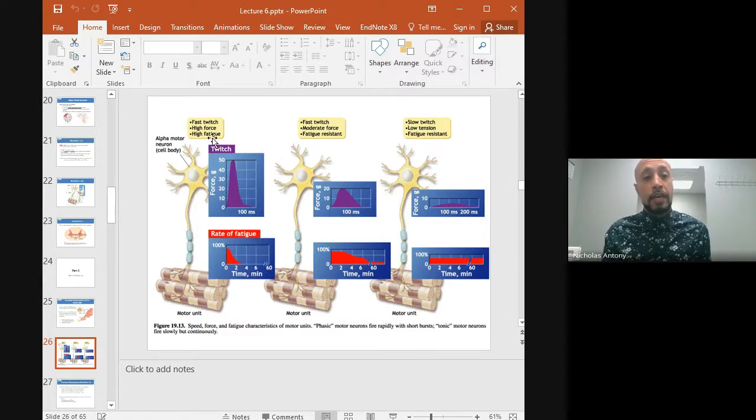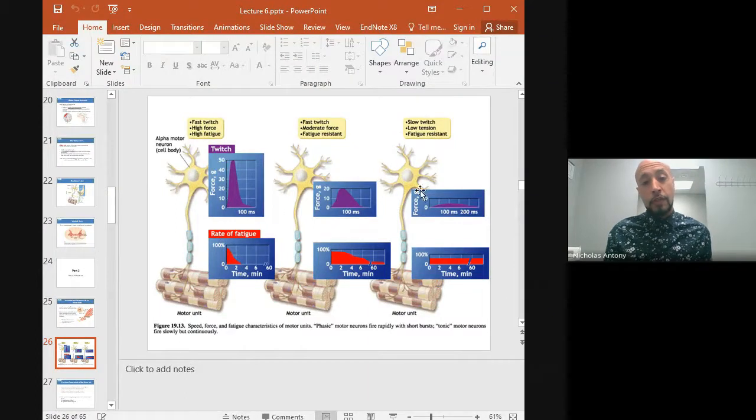Here we have one muscle fiber. It's fast twitch. It has high force, so per twitch it's able to generate a lot of force. But in terms of fatigue, if we were to hold that contraction, see how it can only last for about 2 minutes.